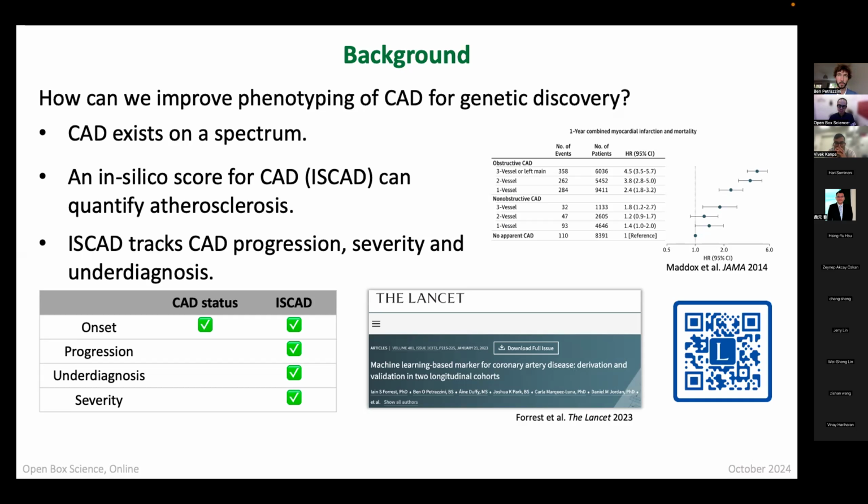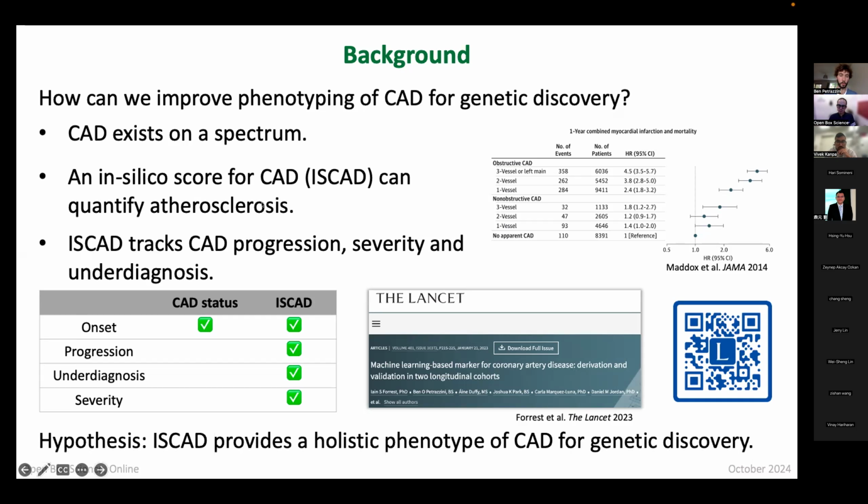So potentially a more holistic representation of CAD that is closer to the actual spectrum of CAD that we know exists. And so we thought whether this more holistic phenotype is a way to improve phenotyping and therefore genetic discovery in CAD and tackle this big issue of identifying rare coding variants for the disease.